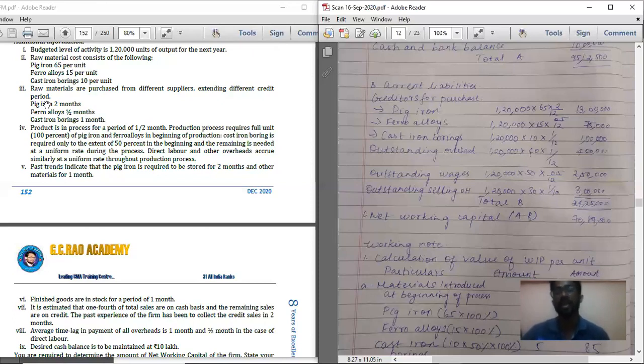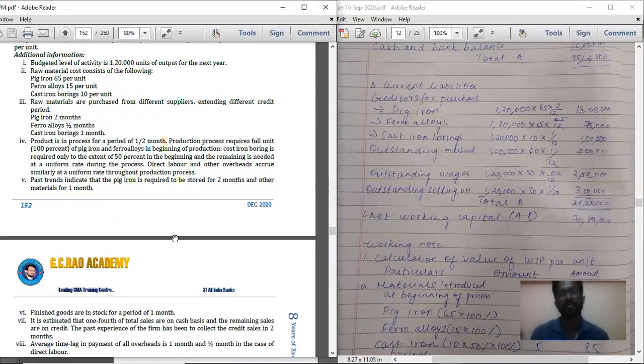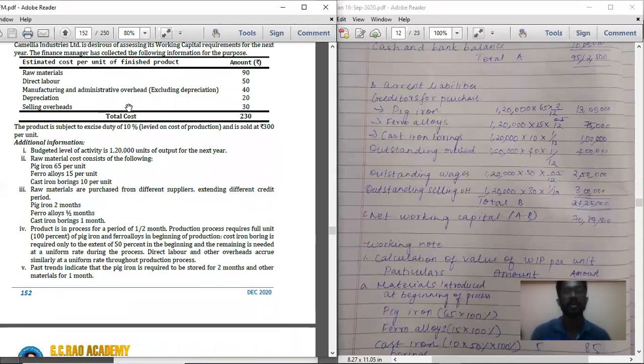So below that, next outstanding overheads. Here they have given for outstanding overheads a time period of 1 month. So what are all the different overheads to be paid? Manufacturing administrative overhead is 40. So outstanding manufacturing and administrative overhead, record it as outstanding admin overhead.